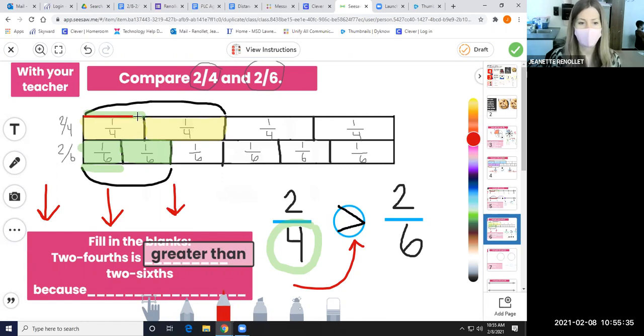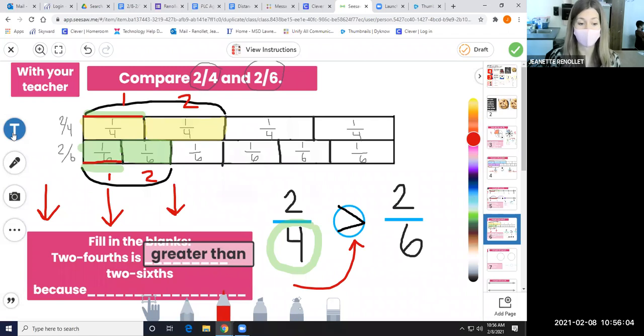I see that 1/4 is greater than 1/6. So when we count 2 of these parts, it's bigger than 2 of these parts. Our reason can be that the unit fraction 1/4 is a bigger part than 1/6.